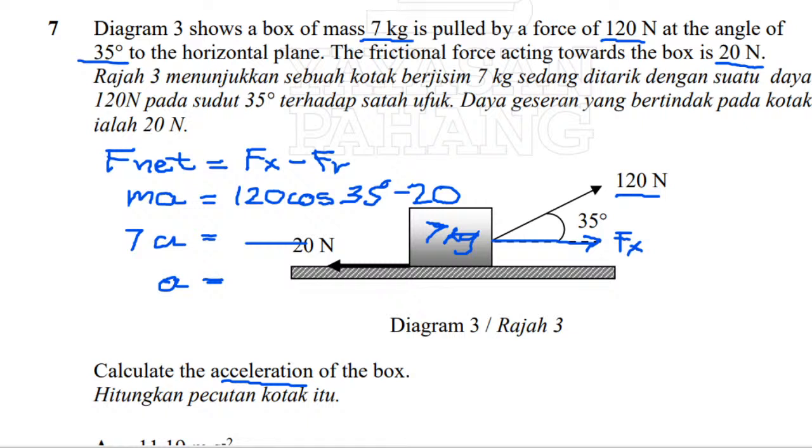I don't have my calculator with me. Wait. Can you help me to calculate 120 cos 35 minus 20? What do you get? Where is the calculator? Here, up there.